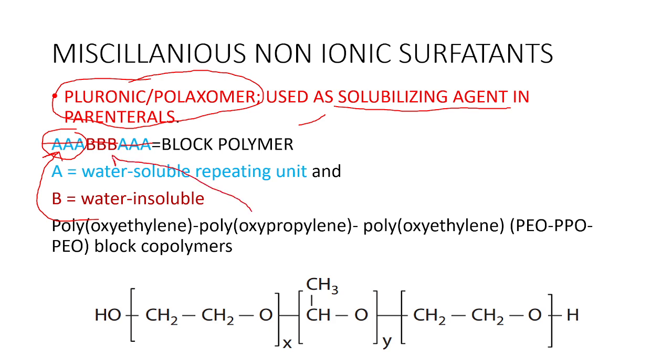Polyoxypropylene is an example of water insoluble monomer units or lipophilic units. So this is the basic structure. See, polyoxyethylene, like that, this is the basic structure of Pluronic or Poloxamer.